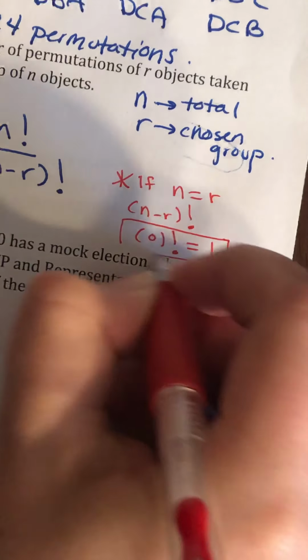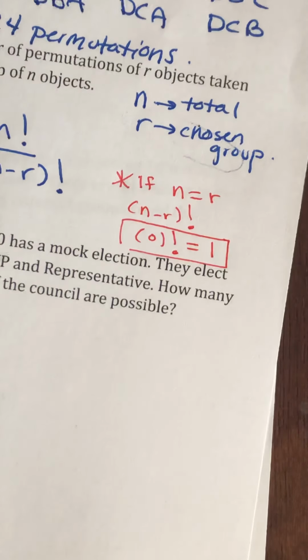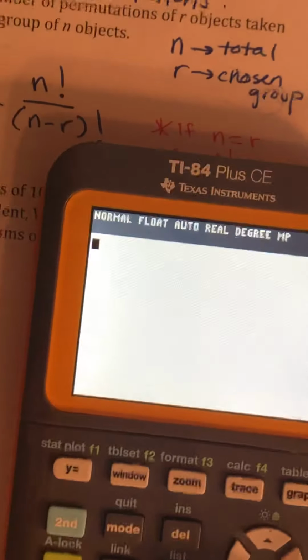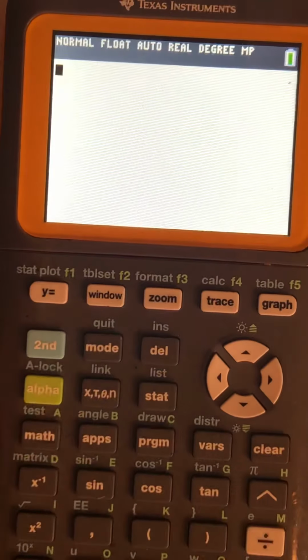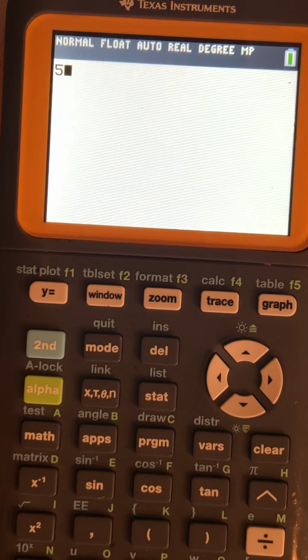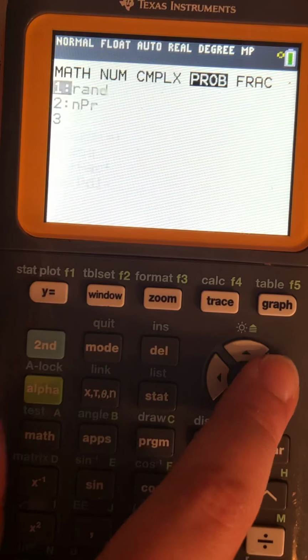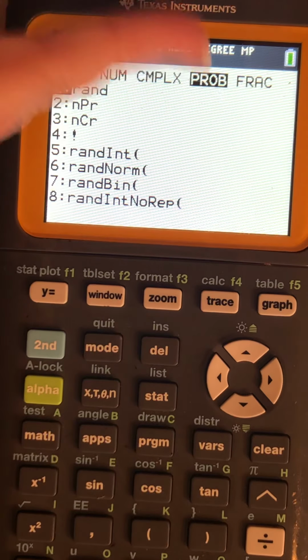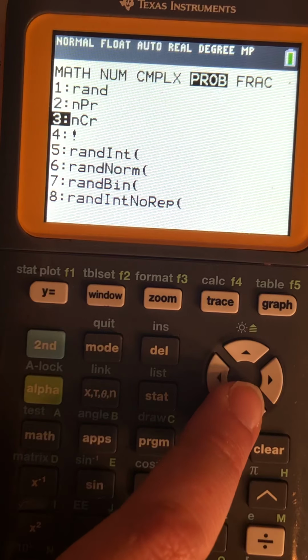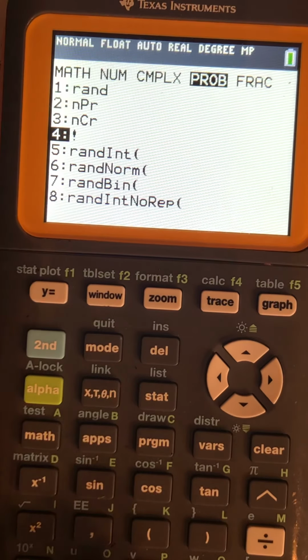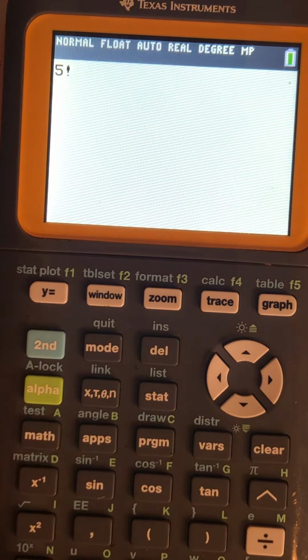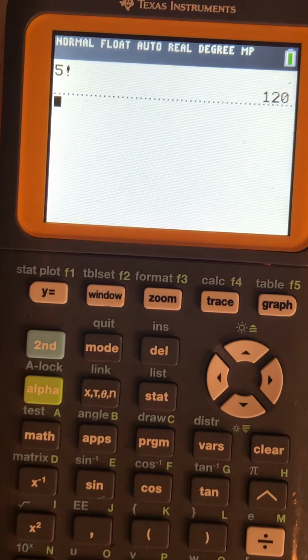So if you ever have a 0 factorial, it equals 1. So how do you find this on your calculator? Well, you can do any number you want. Go to Math, then Probability, that's what this whole chapter is about, and you can enter the exclamation point. So 5 times 4 times 3 times 2 times 1 is equal to 120.